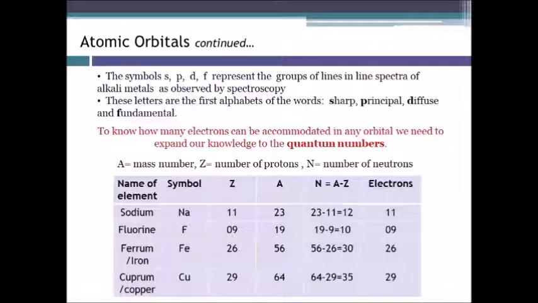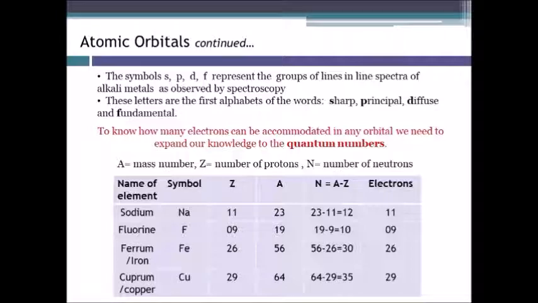Here we find that if we are told sodium has a symbol Na standing for natrium and the Z, that is the proton number, is 11, then what should be the number of electrons? We can immediately conclude number of protons is equal to number of electrons, that is 11. If you are given the atomic mass number as 23, then you can easily calculate the number of neutrons, because we know by now that the nucleus contains the protons as well as the neutrons.